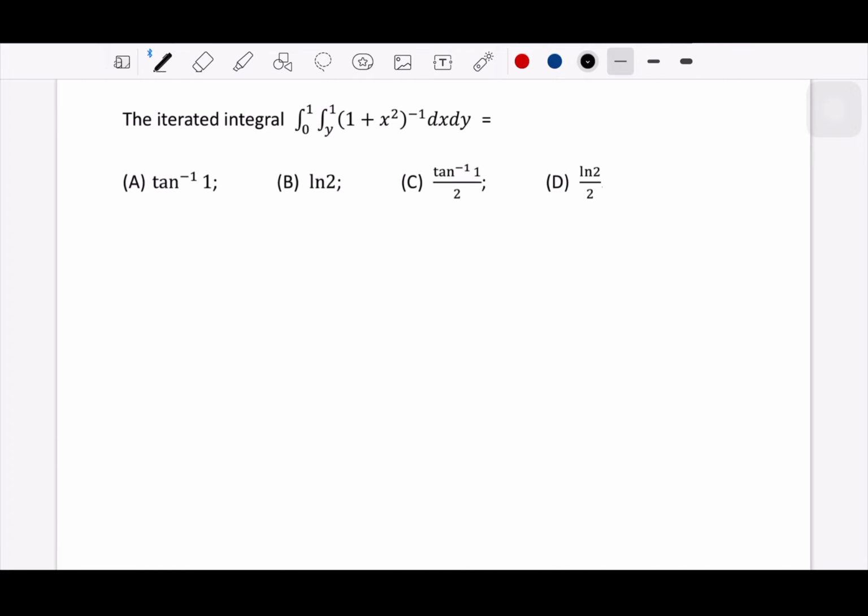So we have another one, this is an iterated integral, just as usual. You could pause the video and we could work out the answer together.